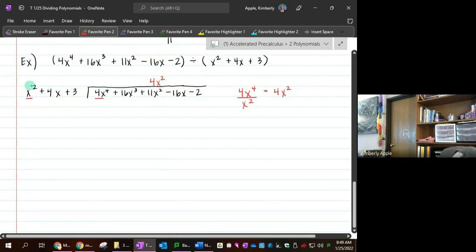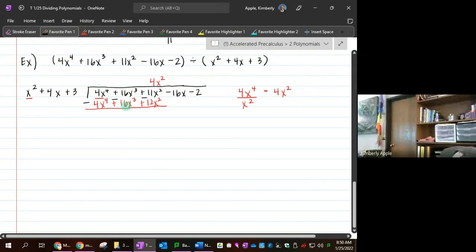So 4x squared times x squared is 4x to the fourth. 4x squared times 4x is 16x to the third. 4x squared times 3 is plus 12x. Remember to subtract, subtract, subtract, subtract.